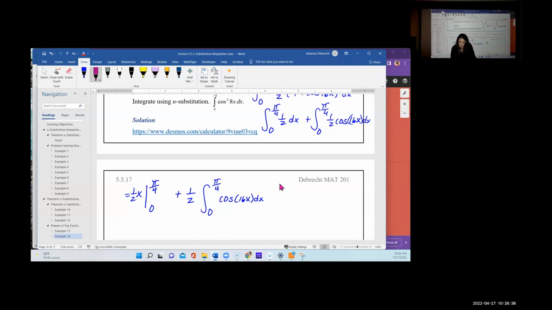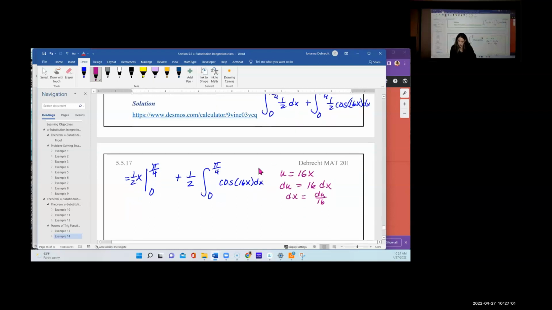I like to come to the side in a different color. u will be 16x, the inside function of cosine. Then I'm going to write du and abuse the notation by swinging the dx around. So I have 16 dx. Solve for dx, which is du divided by 16, and switch the limits of integration to u values.